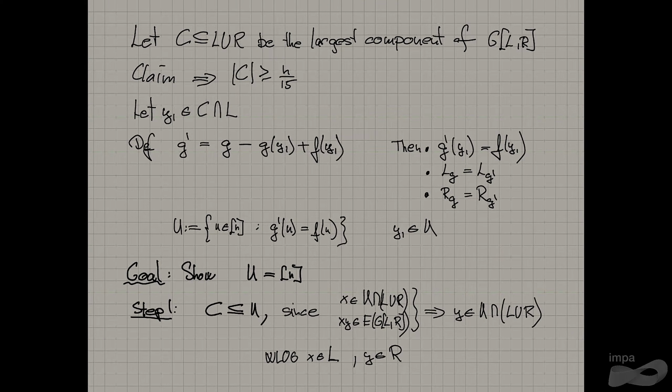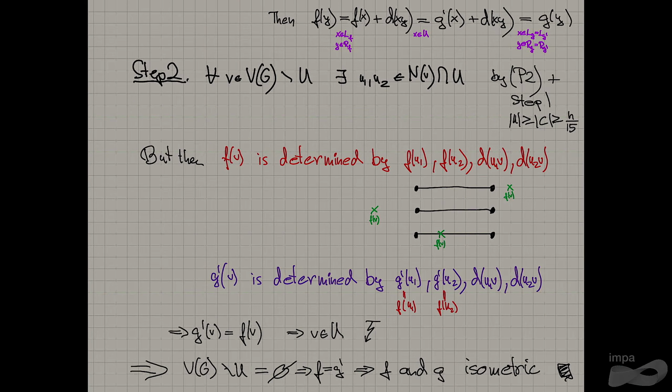And once you know that the component is there, then you can use the second property, the P2 property that we have, because now I have a big enough subset because the component is big, n over 15. So I just take a vertex outside whose degree is 2 to my u. If I have this thing fixed and I have a degree 2 vertex, you can check the cases.